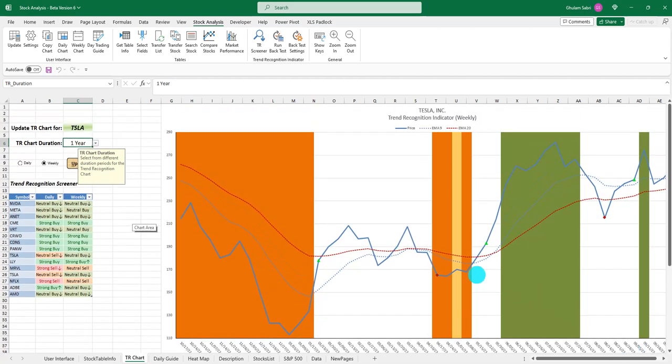And as you can see, there are a number of different color bands. This light yellow means there is a downward price trend, and it is weakening. While a strong orange color band means there is strong momentum downwards, and the stock is likely to continue its momentum until and unless it makes a reversal here.